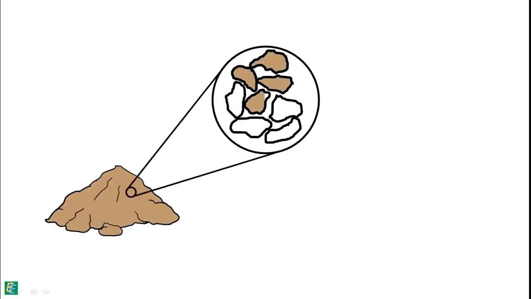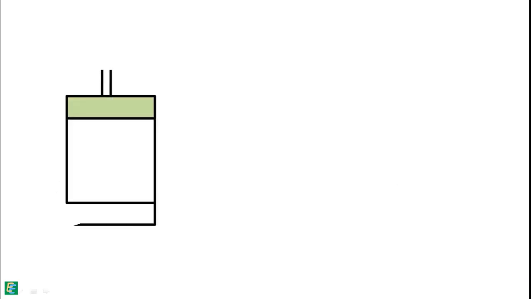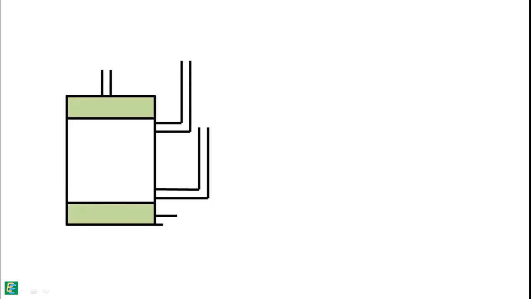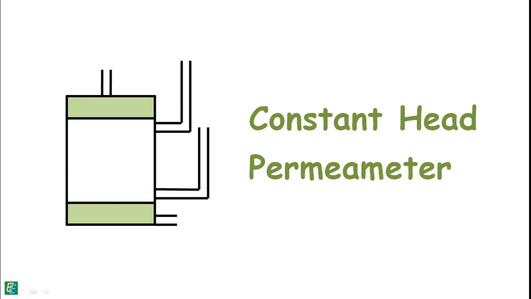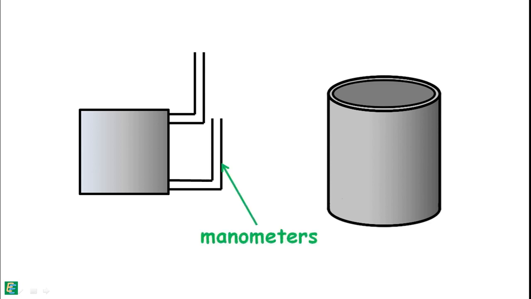We perform this test for granular soils such as sand, where the quantity of discharge of liquid through them is large. For this test, we use an instrument called a constant head permeameter. This instrument consists of a cylindrical mold which is connected with two manometers at its curved surface.